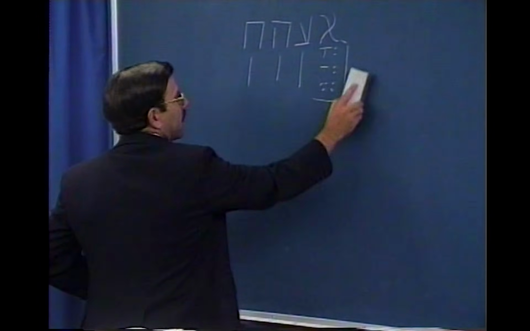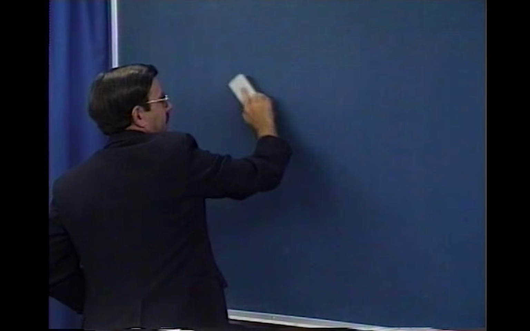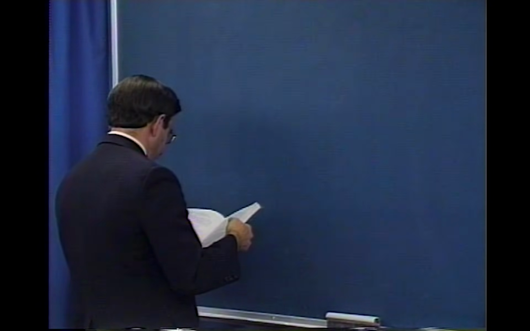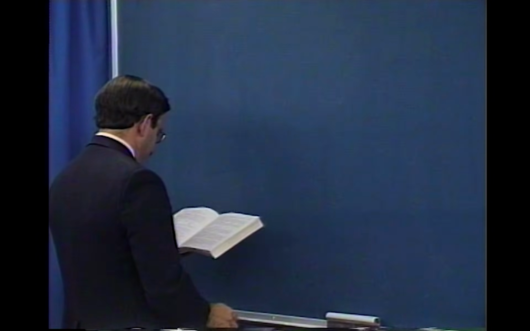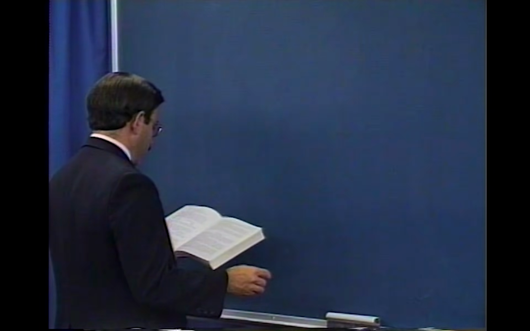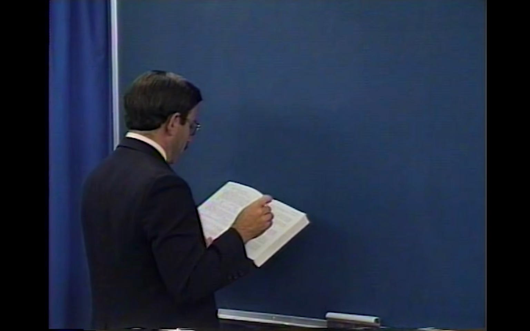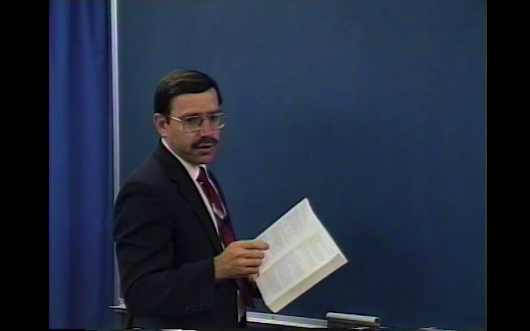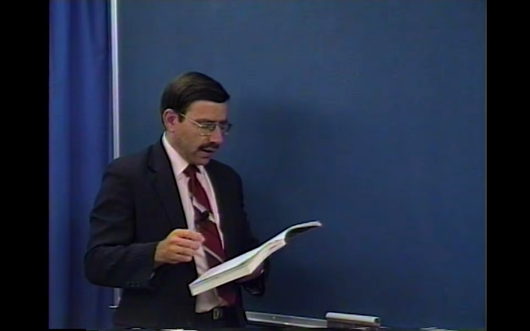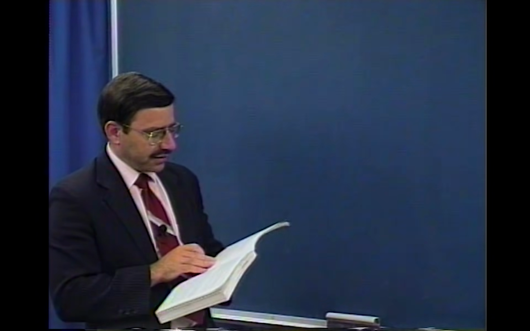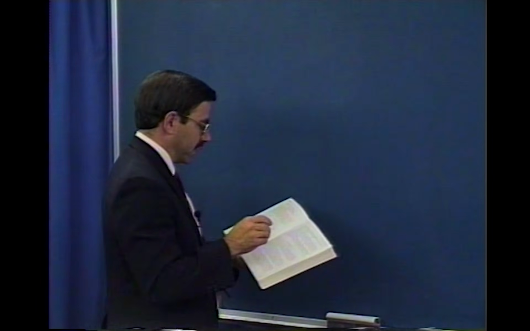All right, now let's look at the examples that are given in the book, right there on page 34, under section number 14. It tells us when the guttural letters ayin, heth, and hey occur at the end of the word, because of their peculiar pronunciation, the patach, known as a furtive patach, is placed under the guttural to facilitate its pronunciation.